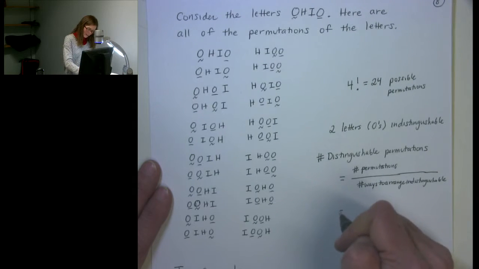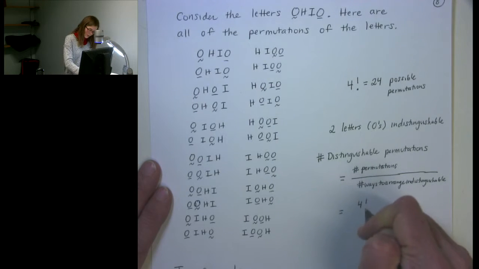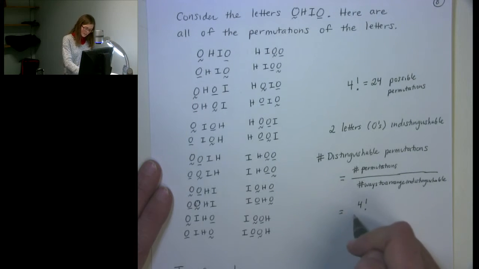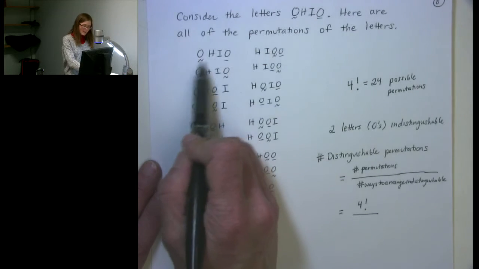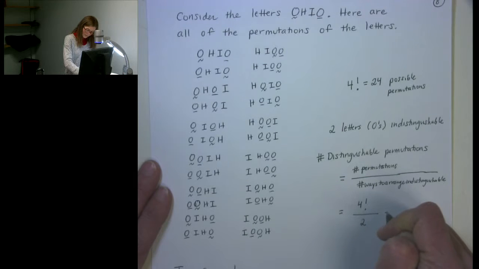So in this case, since I have 4 factorial total possible permutations, and I have 2 ways that I could arrange the O's, I really only have 12 distinguishable permutations.